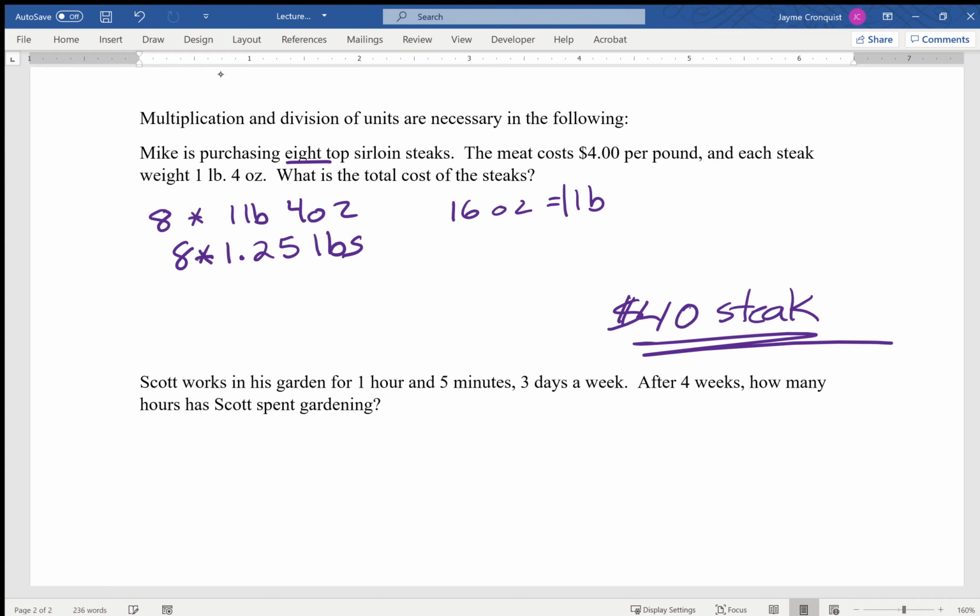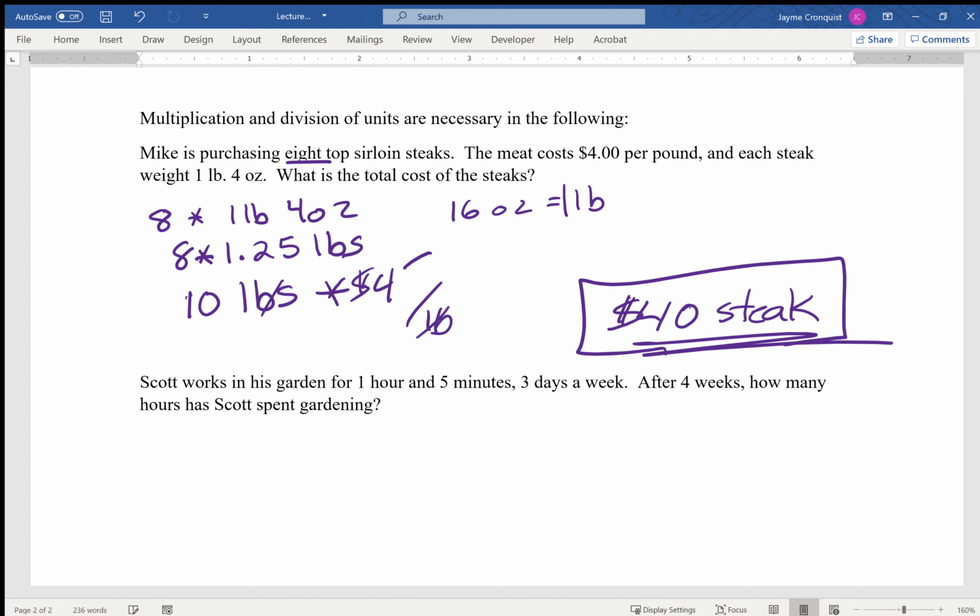It's going to be 10, right? 8 pounds, and then 8 times a quarter is 2, so 8 and 2 is 10. 10 pounds. Right, which is what we had. Times $4 per pound. We end up with $40 worth of steak.